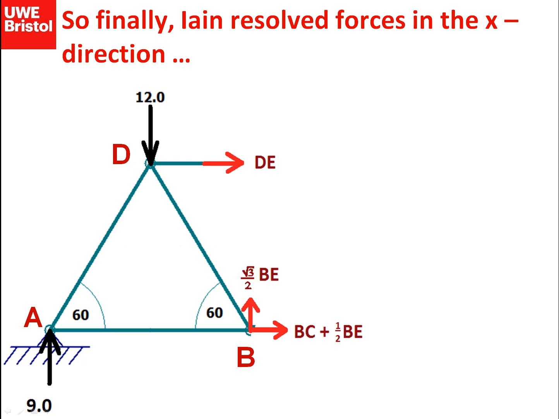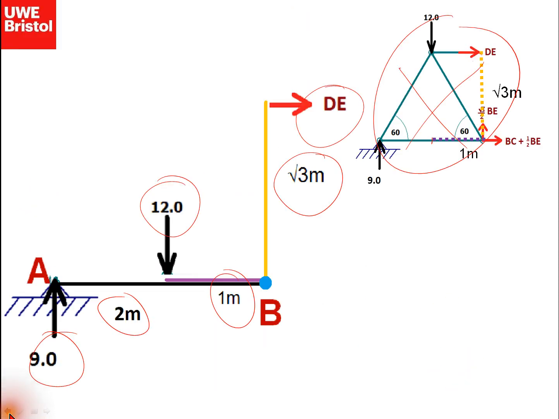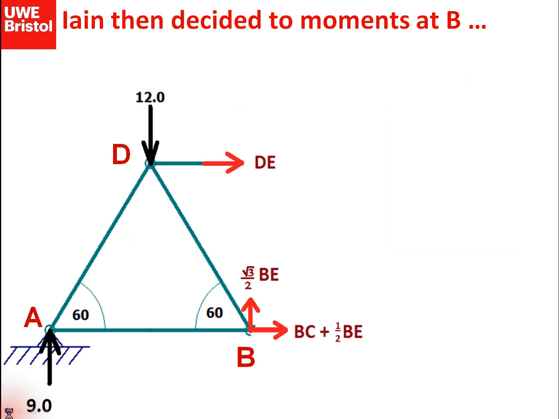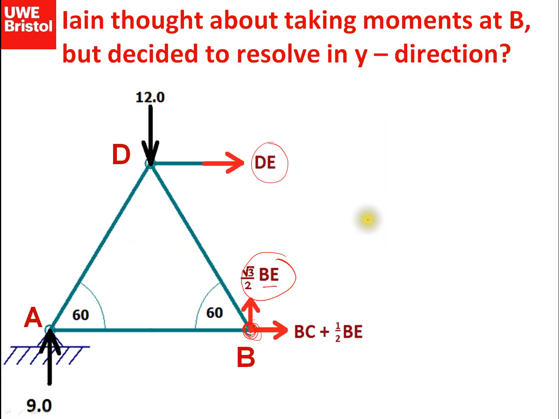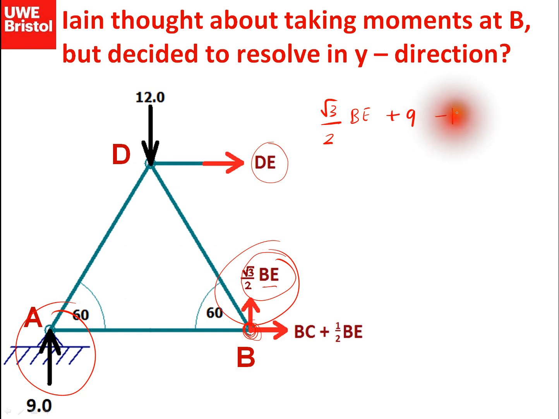Okay, I think I must have skipped a step. I didn't resolve in the y direction here. I should have done this step at the beginning. Sorry, I skipped this one. So the first thing I did was resolve in the y direction: √3 divided by 2 times BE, going upwards in the y direction, plus 9, that's going up, take away 12, equals 0.